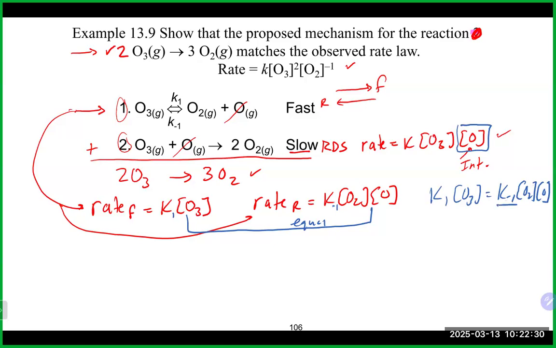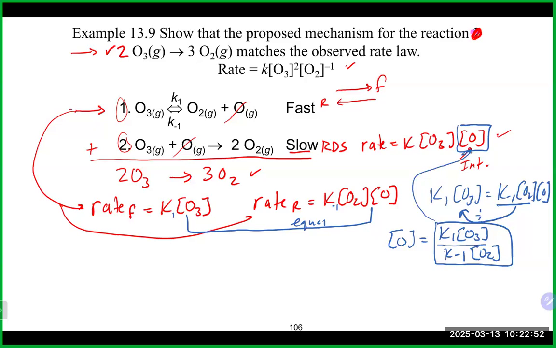So we're going to divide everything to the other side, and that would get us that O is going to equal k1 O3 divided by k-1 O2. That is what we're going to use now to substitute into our original rate law.